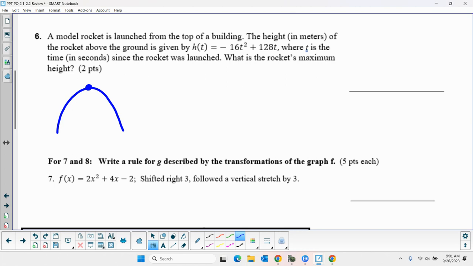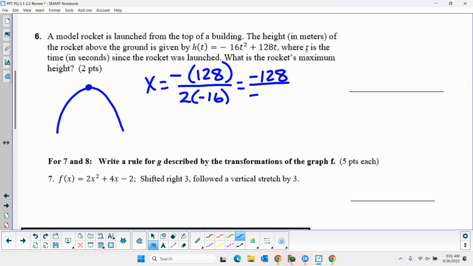Now this is in standard form. A is negative 16, B is 128, C would have been 0. If I needed the C, I don't need it. So I'm doing x equals negative b over 2 times a, which is negative 128 over negative 32, which comes out to 4.